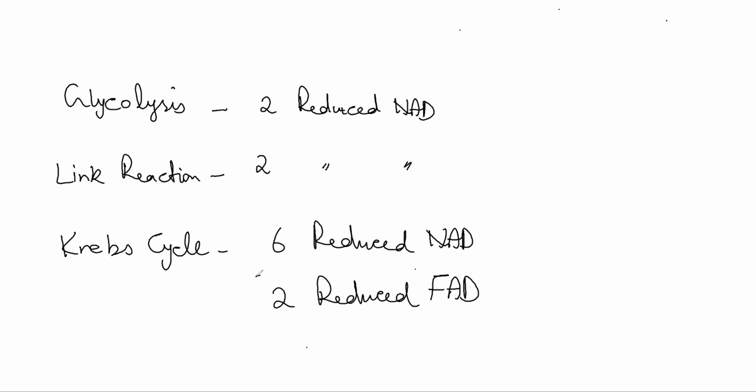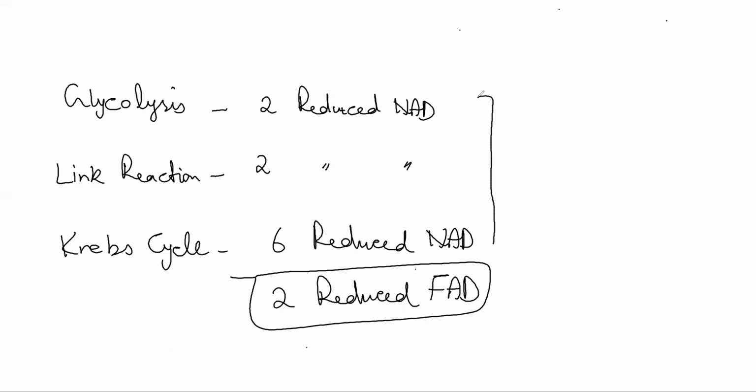There are 2 reduced FAD molecules which are going to enter into oxidative phosphorylation from the Krebs cycle, while from glycolysis, link reaction and Krebs cycle, collectively how many molecules of reduced NAD are going to enter into the oxidative phosphorylation? That is 6 plus 2, 8, 8 plus 2, 10. So 10 molecules of reduced NAD plus these 2 molecules of reduced FAD. They are all going to enter into the oxidative phosphorylation.